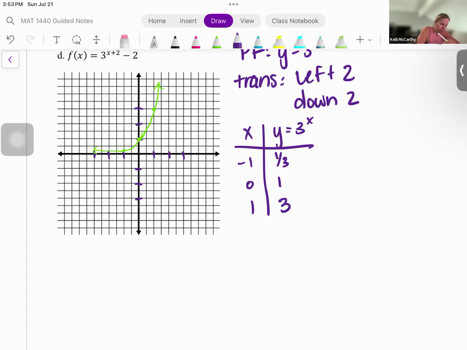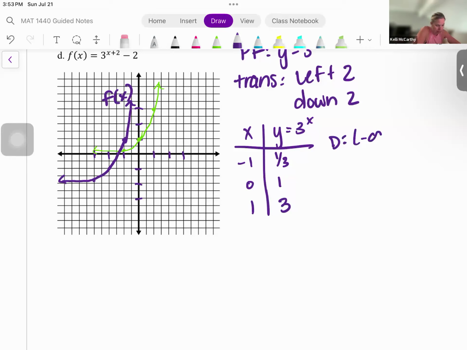And those 3 points, I'm going to move them left 2 and down 2. Just be careful of your scaling because I've gone by half increments. I do need to be more careful there. So in purple is our graph of f(x), which we're labeling.